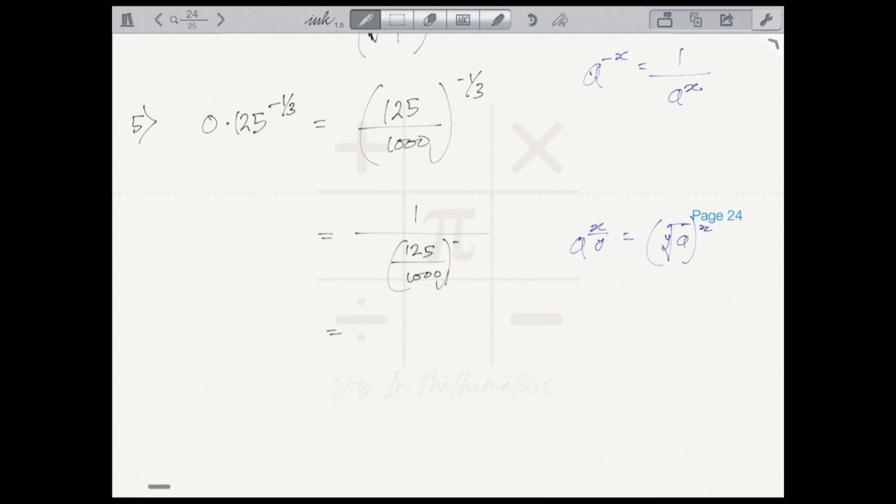Apologies about that. It's just 1 over 3 because we have already applied the negative index rule. So 1 over 3 here means we are having cube roots, the cube root of 1000 over 125.